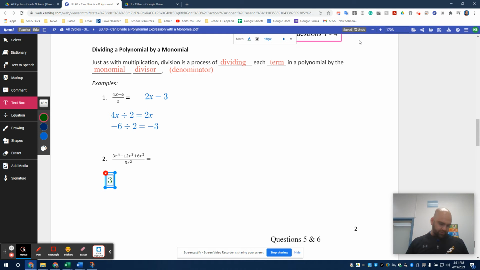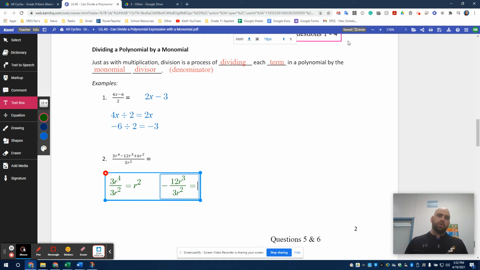So the first one there is 3r to the power 4, and we are dividing that by 3r squared. 3 divided by 3 is 1. Our 4 divided by our 2, again, we're subtracting those exponents, we're going to get r squared.